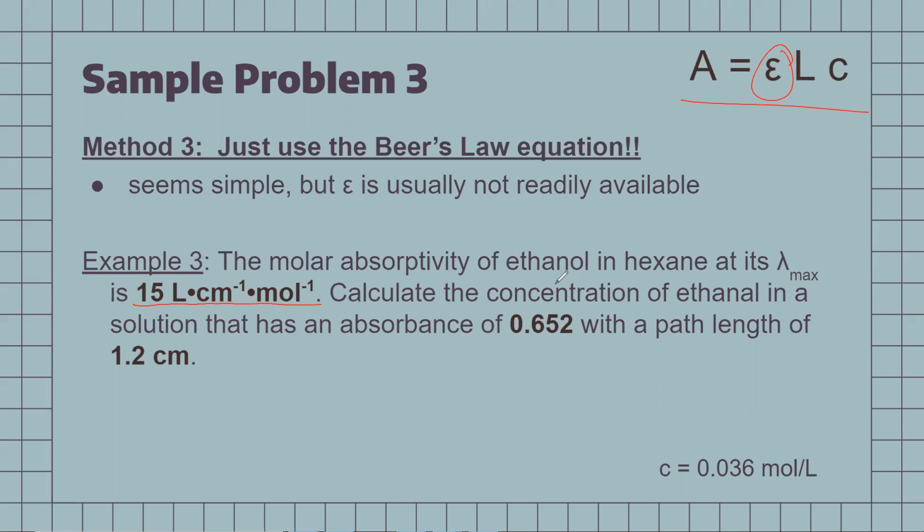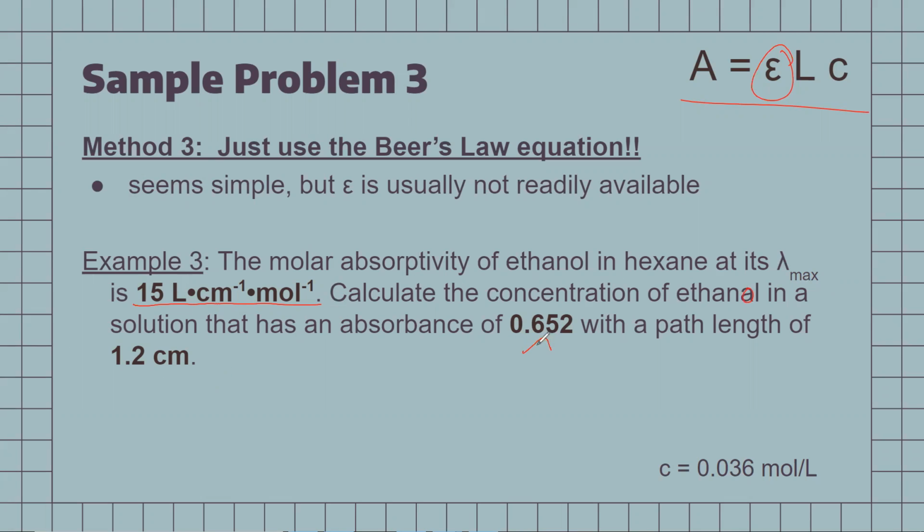So this says the molar absorptivity of ethanol in hexane at its lambda max is 15 liters per centimeter times moles. Calculate the concentration of ethanol, sorry, that should be an O, in a solution that has an absorbance of 0.652 with a path length of 1.2 centimeters.